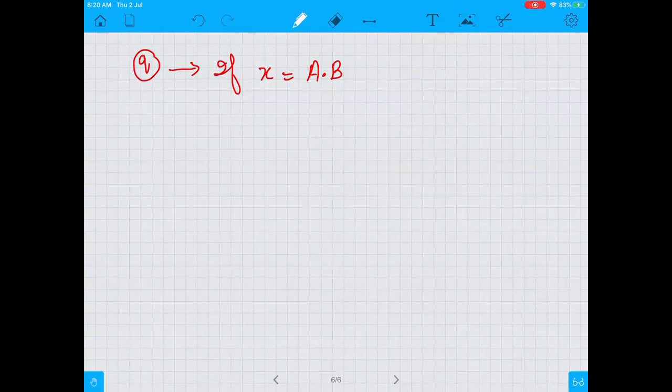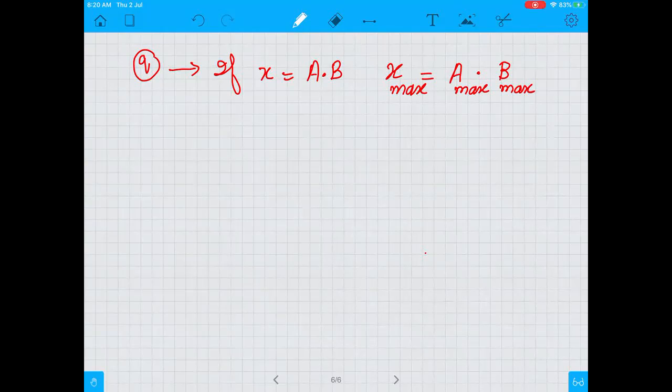What would be the maximum value of x? x maximum will be equal to a maximum into b maximum.